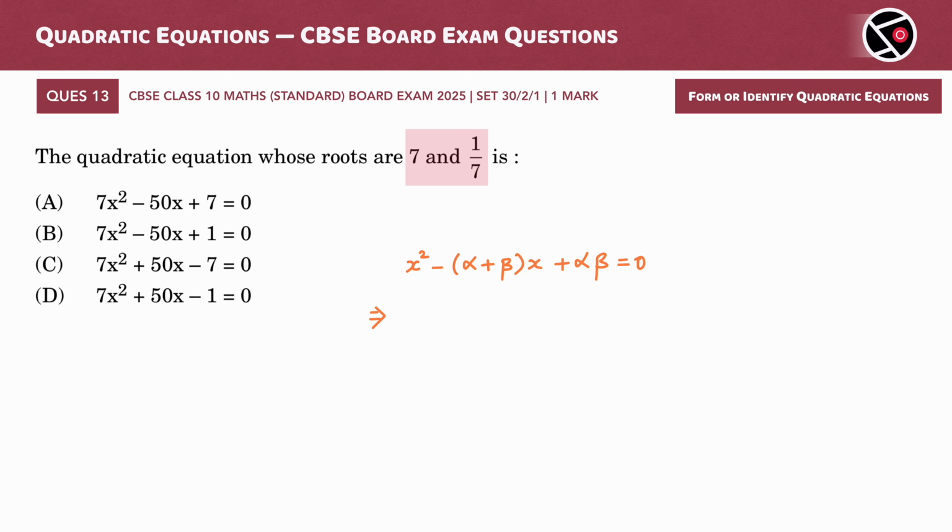We have x square minus 7 plus 1 over 7 x plus 7 times 1 over 7 equals 0. x square minus 50 over 7 x plus 1 equals 0. Multiply both sides by 7. 7x square minus 50x plus 7 equals 0.